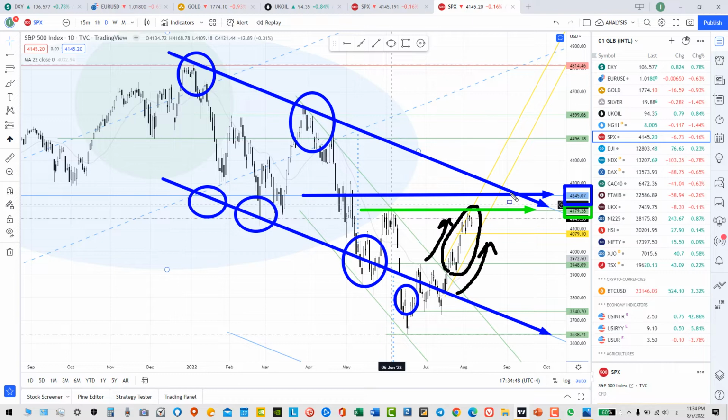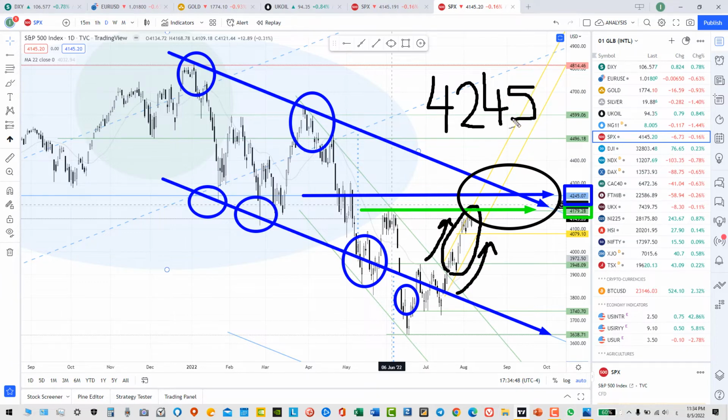So it is clear that the index is almost at the lower boundary of this area of triple resistances. The most important one, the one you should write down, is 4,245.